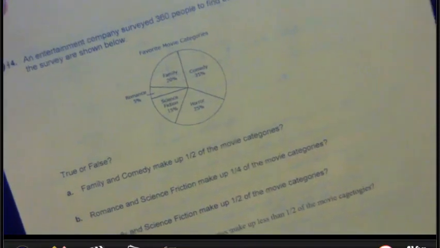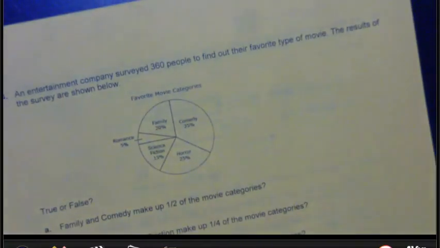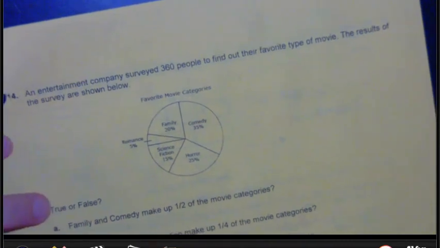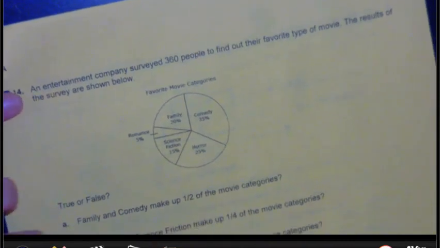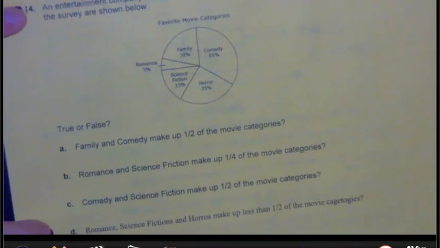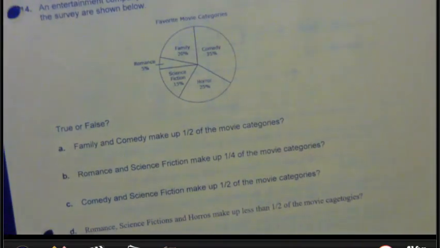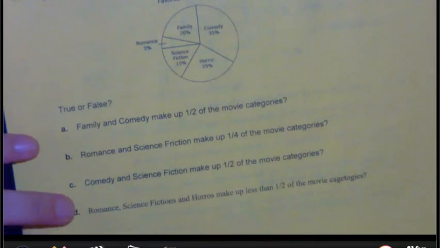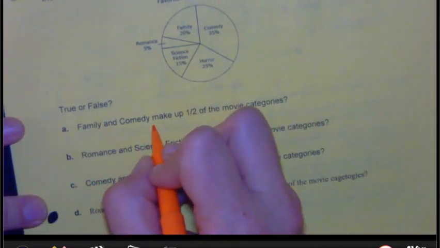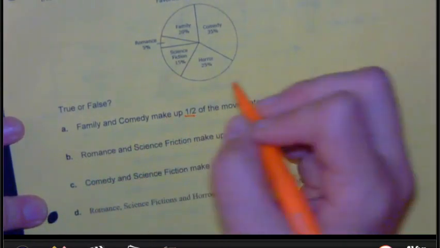Number 14. We got two more. An entertainment company surveyed 360 people to find out their favorite type of movie. The results in the survey are shown, and I need you to tell me whether each of these is true or false. So, family and comedy make up 1/2 of the movie categories.